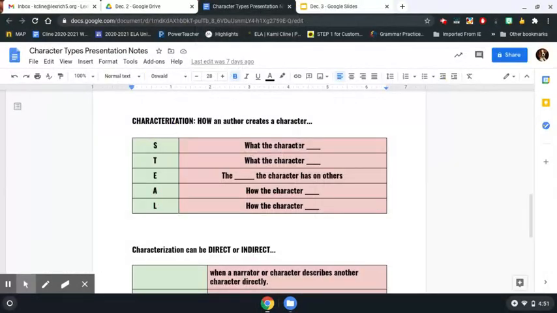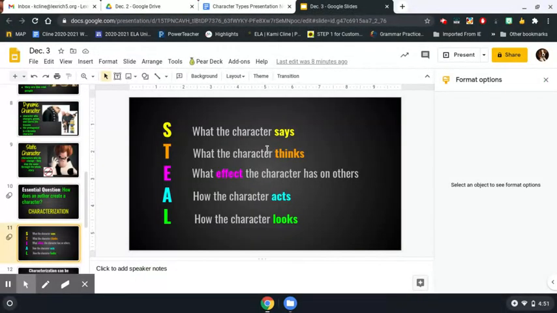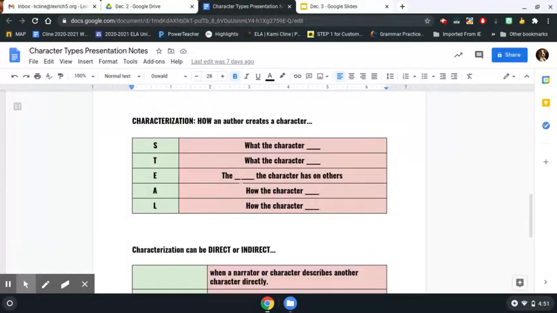Go in your notes and type what the character thinks. The E is what effect the character has on others.